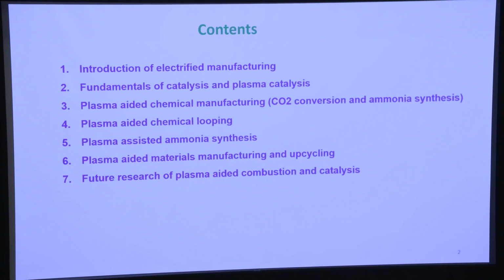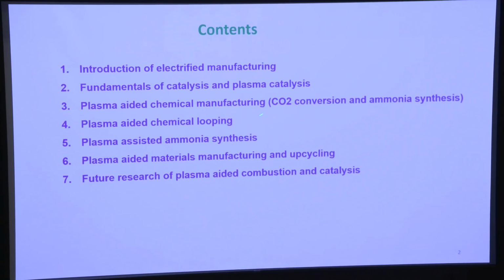So what I'm going to talk about first is to give you an idea what electrified manufacturing is, why it is needed today, and then we go to the fundamentals of plasma catalysis. And some of you doing maybe ion combustion, that is not catalytic, but it's still a heterogeneous oxidation process.